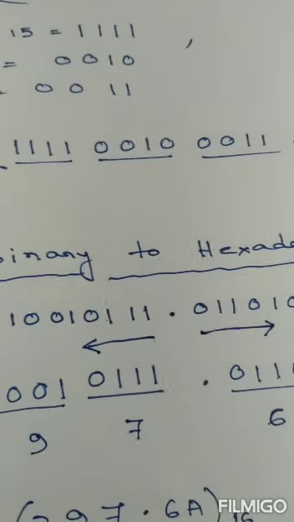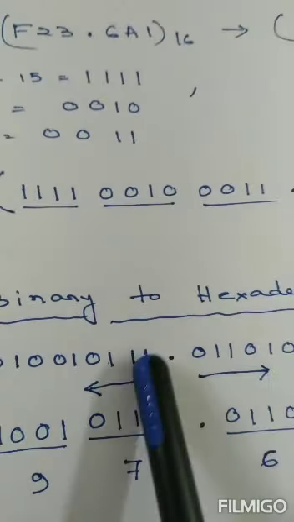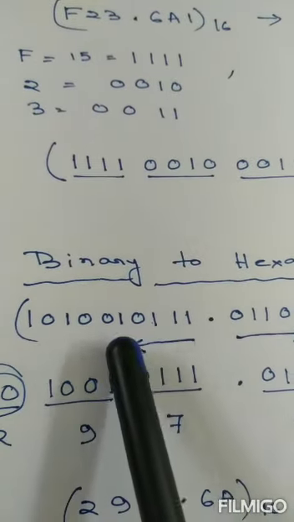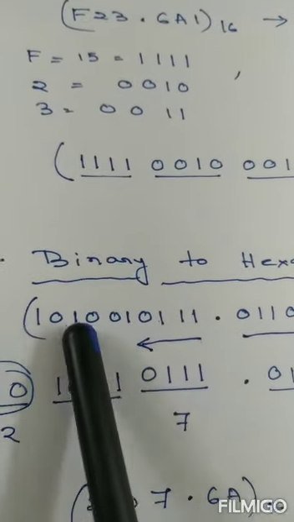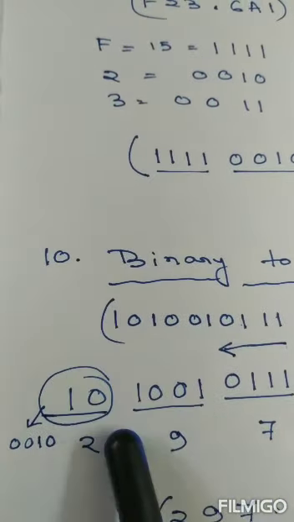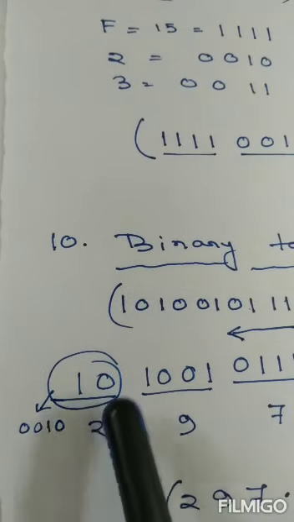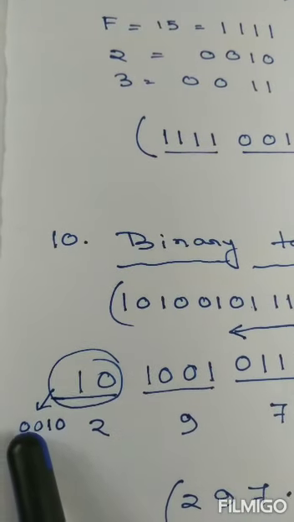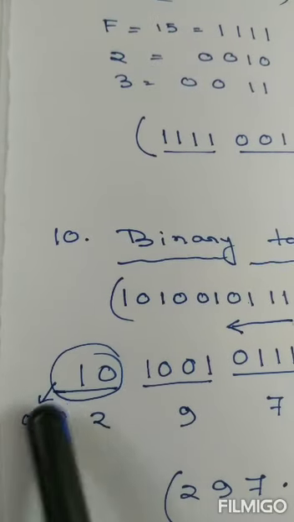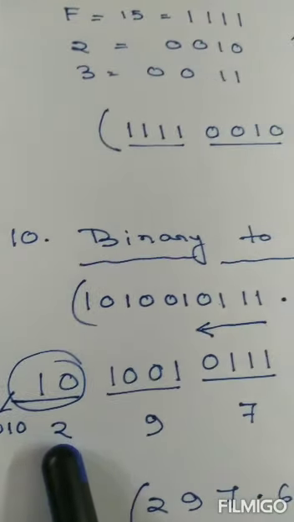So first take 4 bits, that is 0111. It represents 7. Then 1001. It represents 9. Then 01. To make this 4 bits, you can add 00 in these positions. So the number is 0100. It means 4.